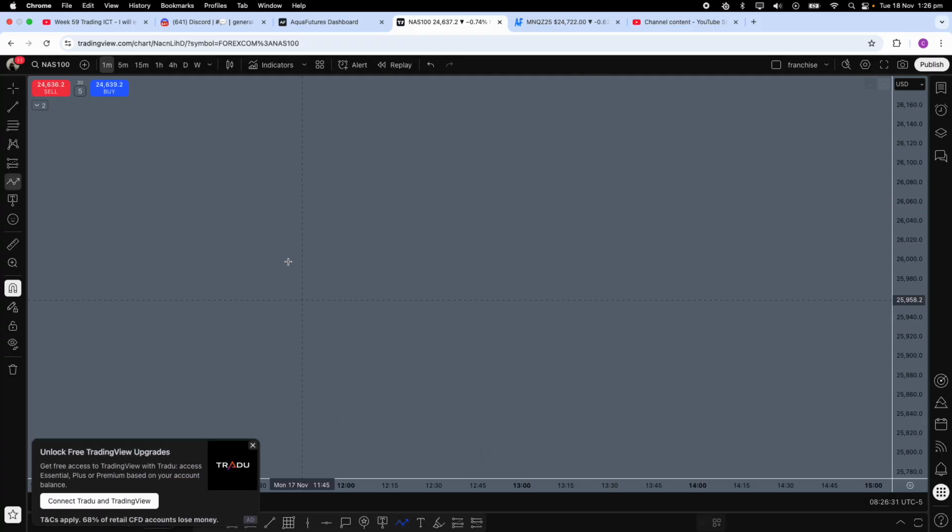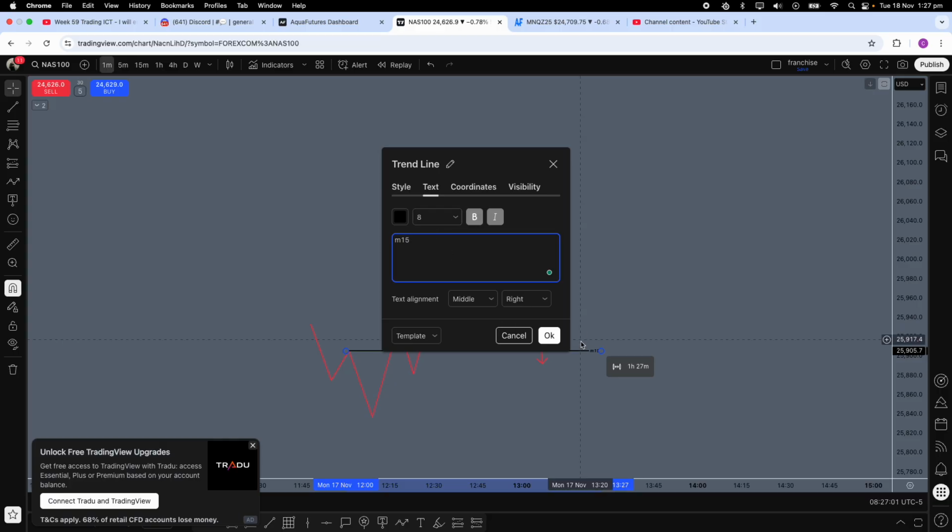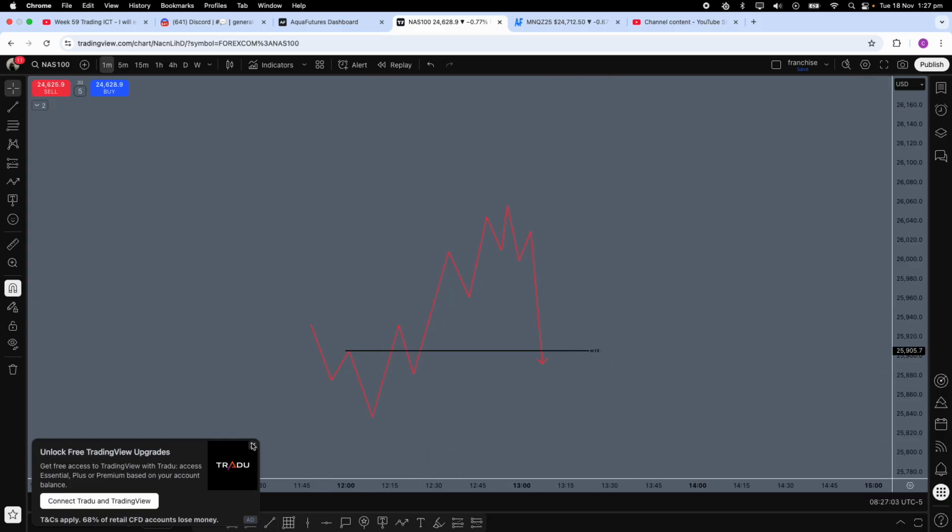The reason I partial there, this is price, and then this is a low time frame CSD. So this is M15 CSD, and then this is only the 5.